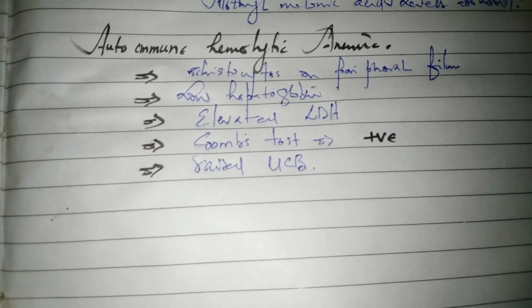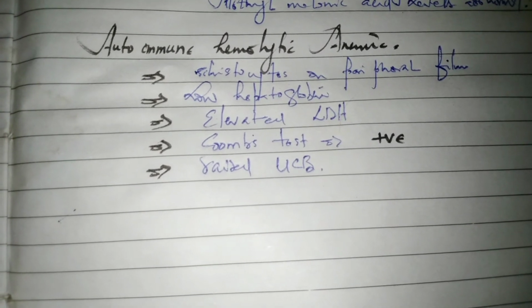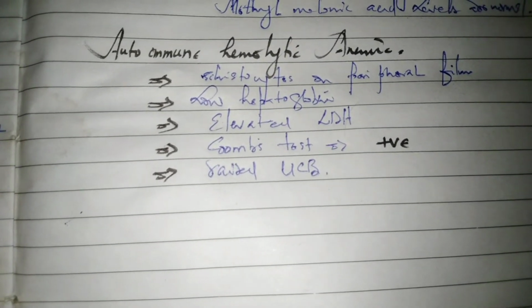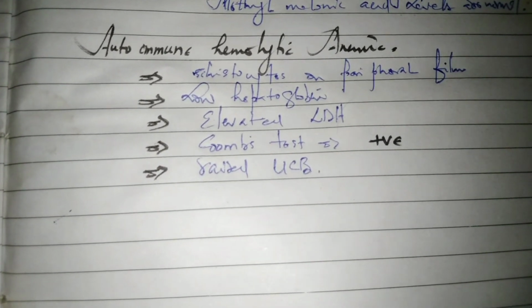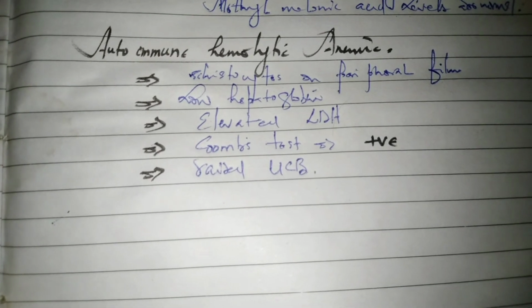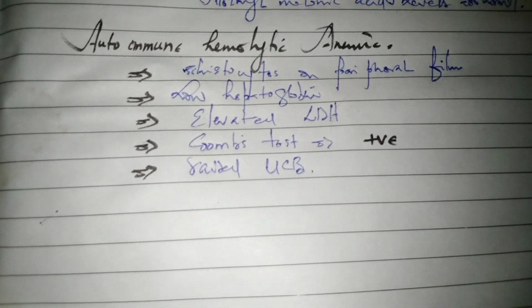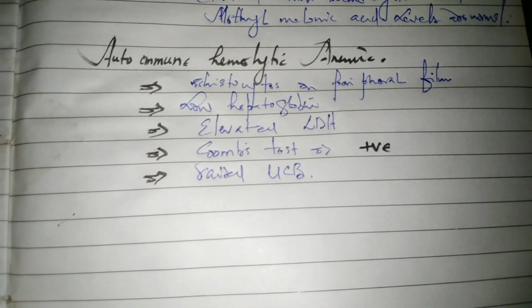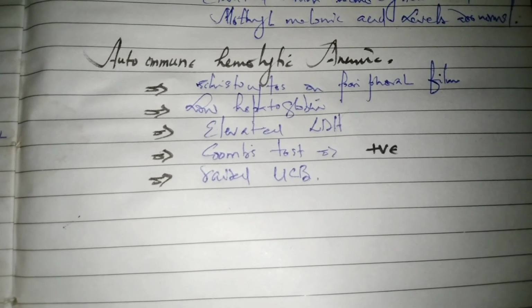So any rheumatoid arthritis patient who has a persistent complaint of diarrhea with swelling, just think of amyloidosis, and amyloidosis itself may cause renal failure, and renal failure itself may cause anemia. So these are the causes of anemia in rheumatoid arthritis.